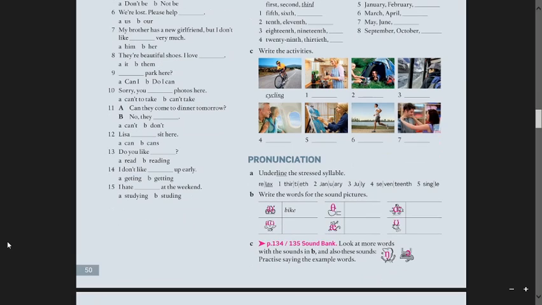Remember that we were working with pronunciation these last classes, okay? So you have to listen. First you have to read and underline in the word, in each word, the syllable that is stressed, okay?